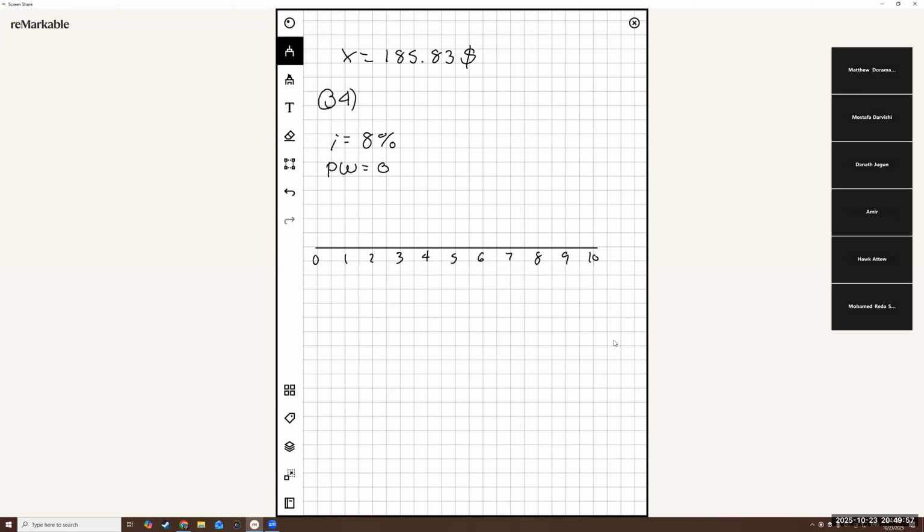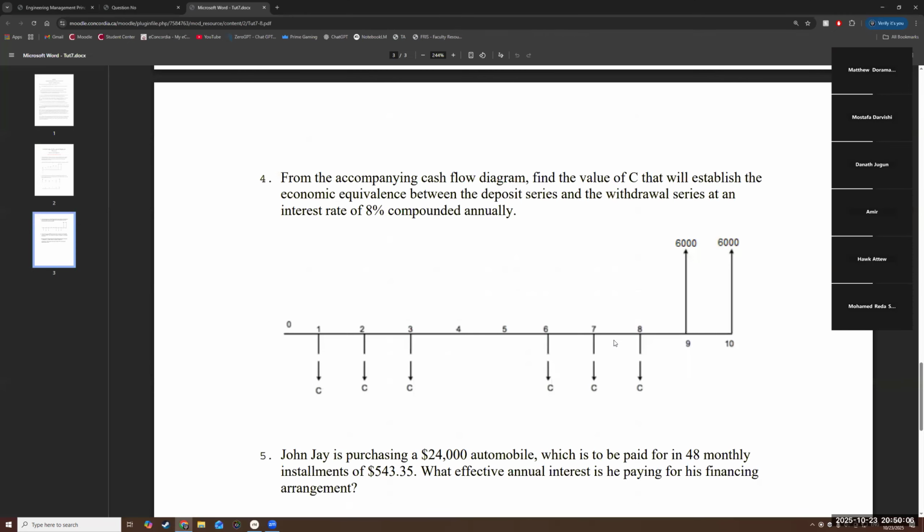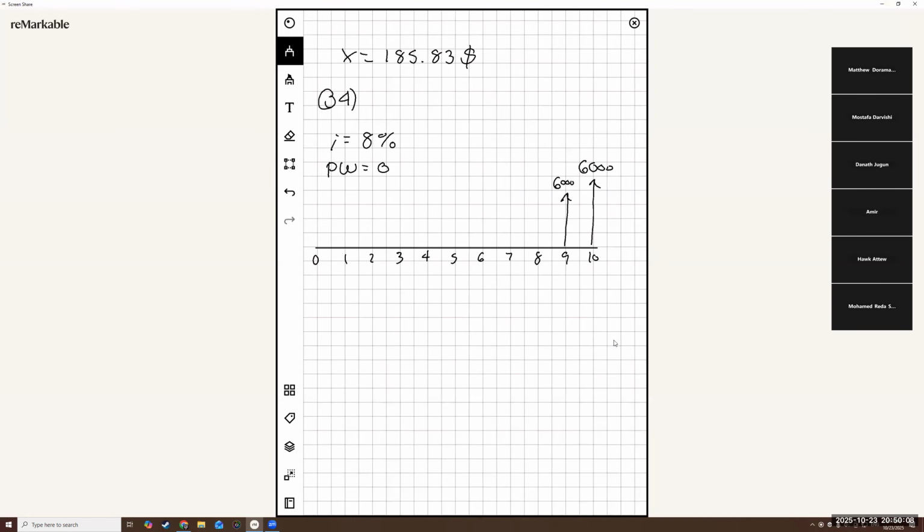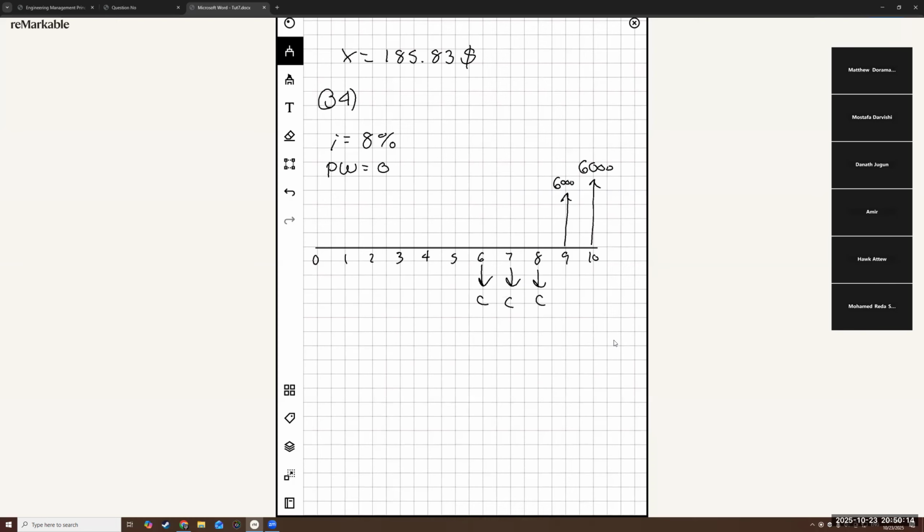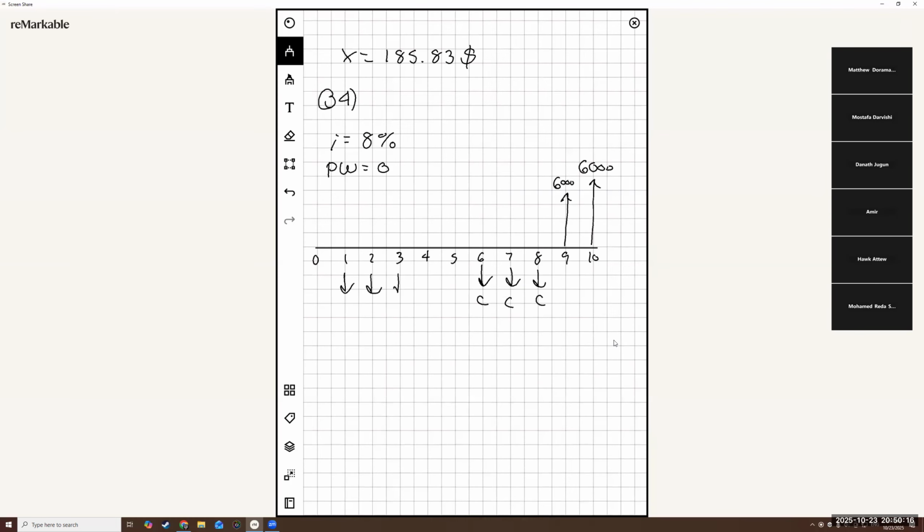So it's like 6,000 here, 6,000 here. Here you lose C, you lose C, you lose C. And then you lose C here. That's what this diagram is.